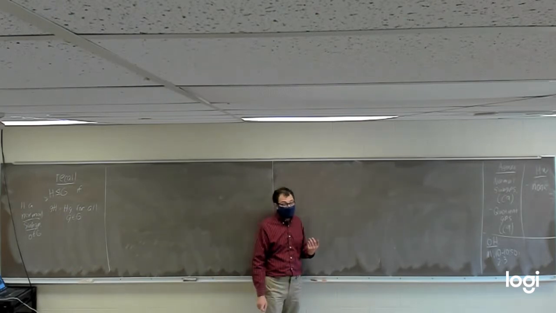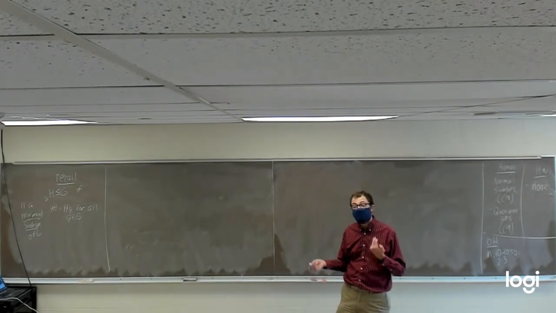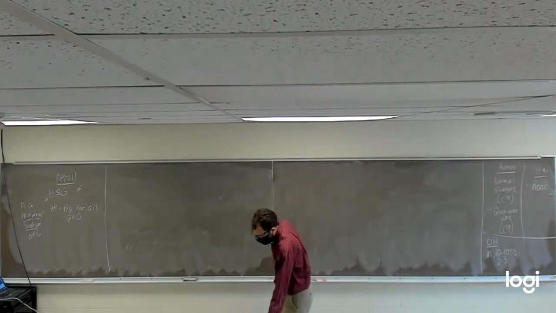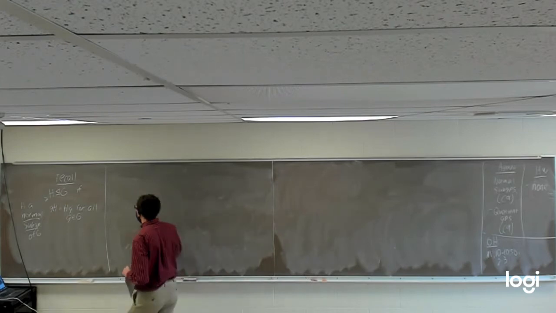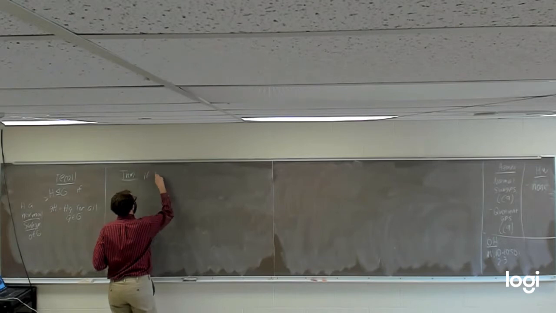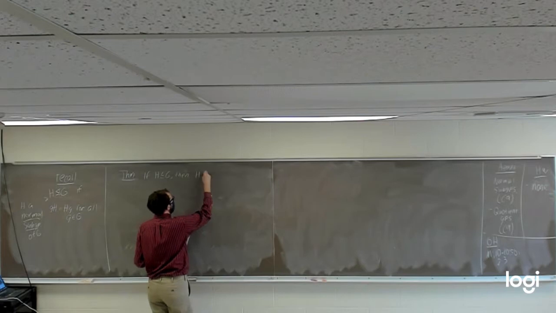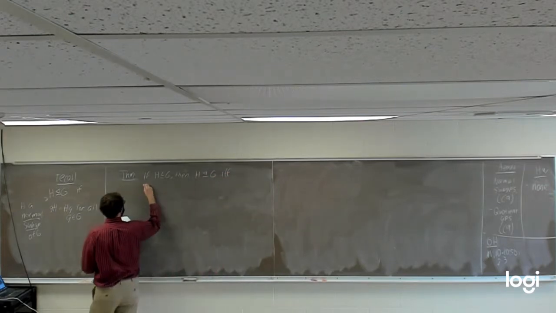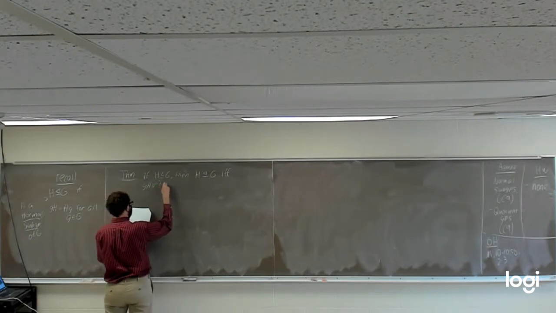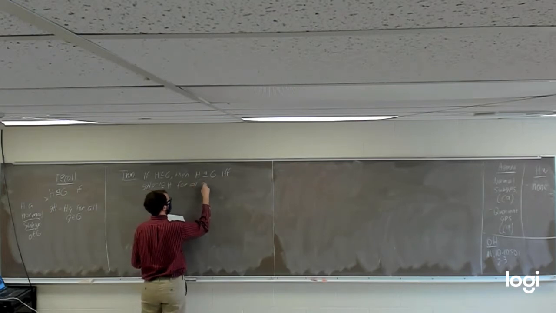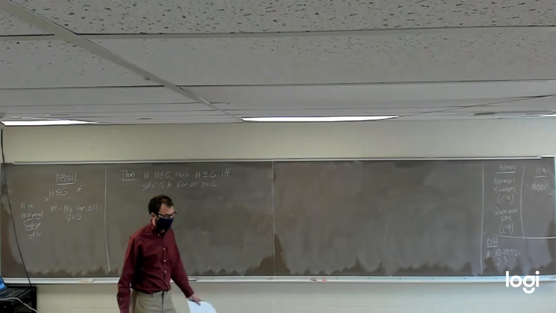And last time we looked at a couple examples, an example of something that did form a normal subgroup and something that did not. Today, I'm going to start off by proving this theorem on the second page of the packet, which says, if H is a subgroup of G, then H is a normal subgroup of G if and only if little g, big H, little g inverse is a subset of H for all elements little g in our group.